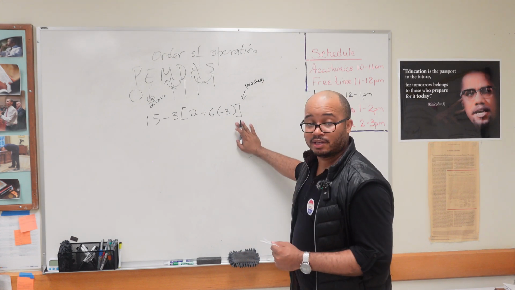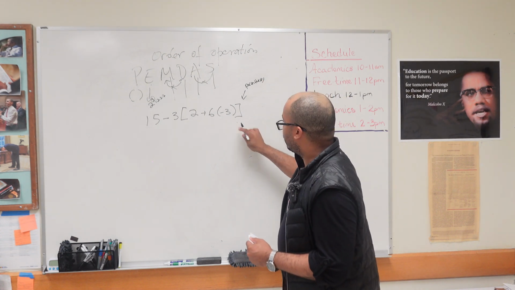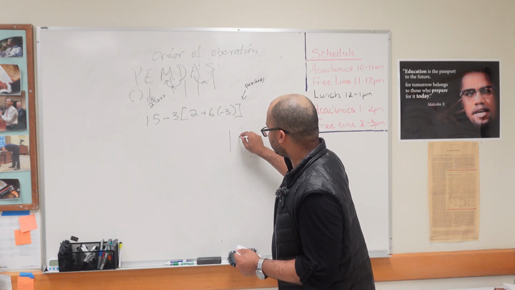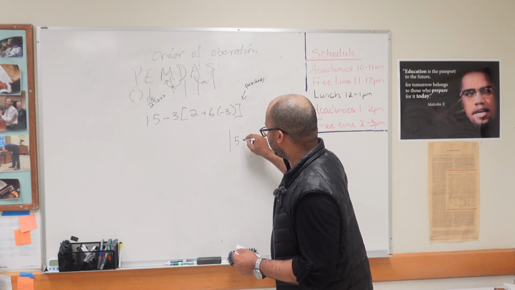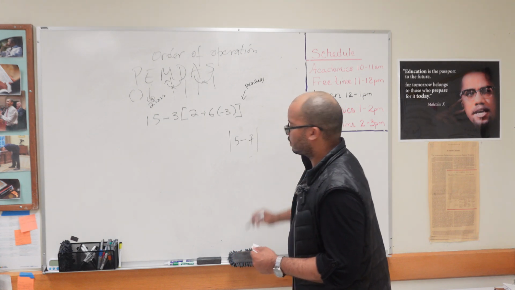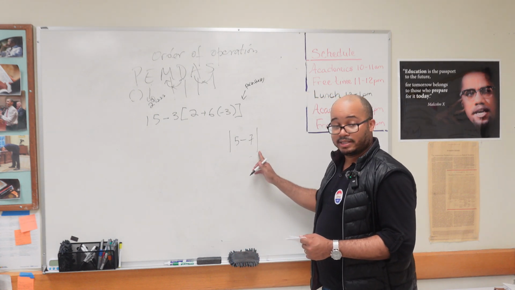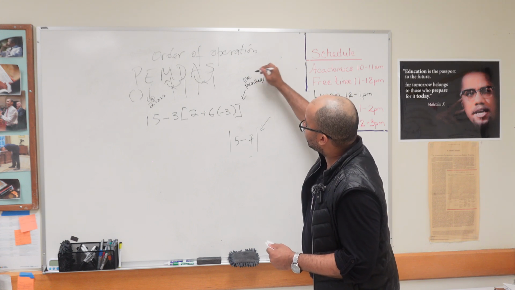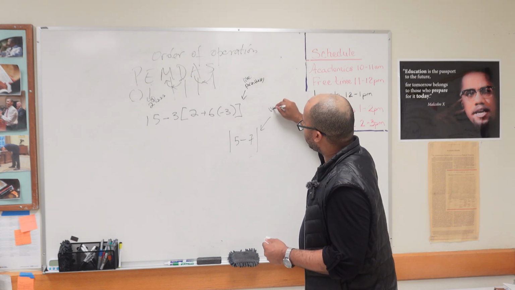And the same thing goes for this, and you'll see this too because it's on the Regents. These are the absolute value bars. These you also have to treat like parentheses.